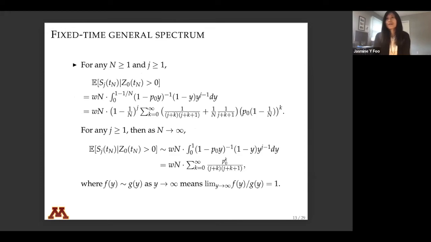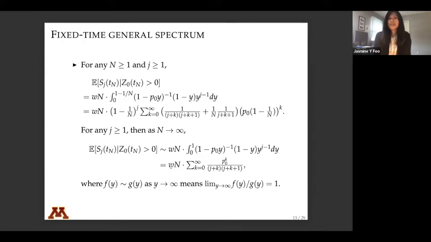So at this fixed time, we can calculate the expected value of the spectrum using standard techniques. Conditioned on non-extinction, it is given by this expression here, which as n goes to infinity looks like this. And note that when p0 is 0, so there's no cell death, then this is going to match up with the prior 1/j² law that we saw in the previous slide.